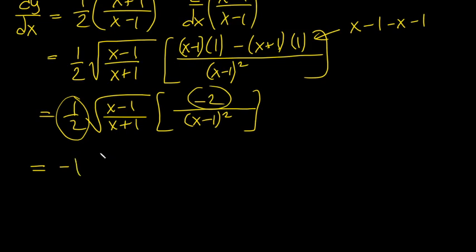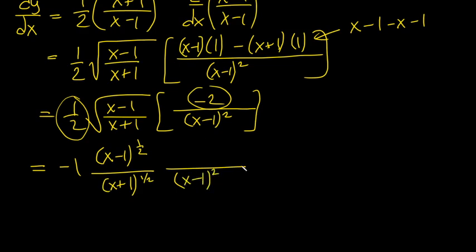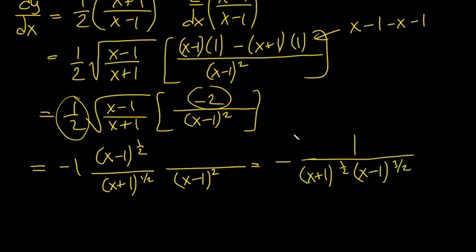The numerator here is x minus 1 to the 1/2. The denominator is x plus 1 to the 1/2. And the denominator here is x minus 1 squared. So we can just write this simply as negative 1 over x plus 1 to the 1/2, and this will be x minus 1 to the 3/2.